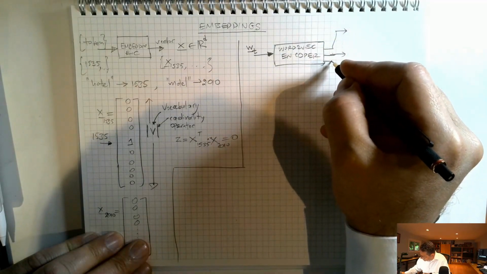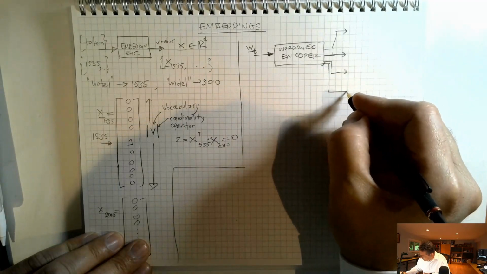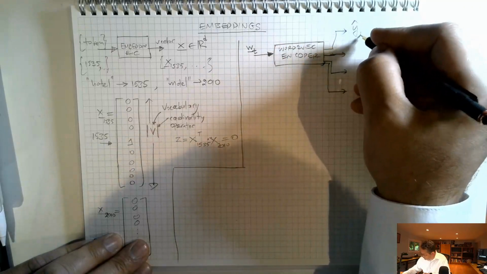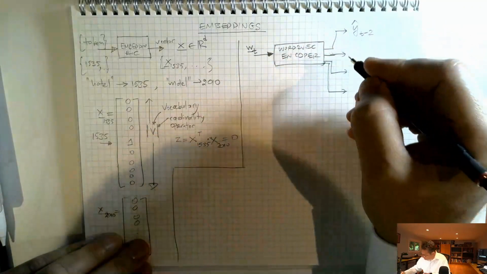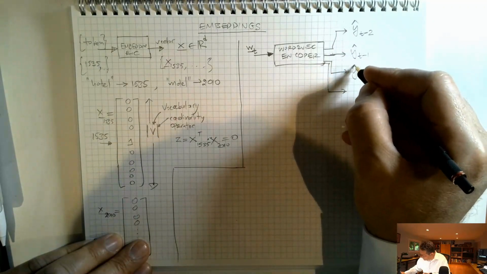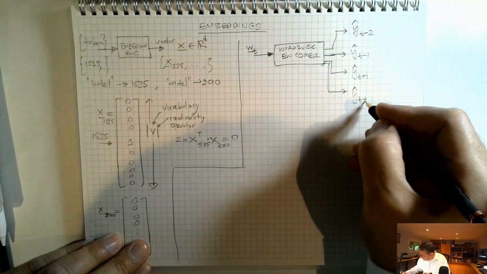For, let's say, probabilities, the y hat of t minus 2, the y hat of t minus 1, the y hat of t plus 1, and the y hat of t plus 2.